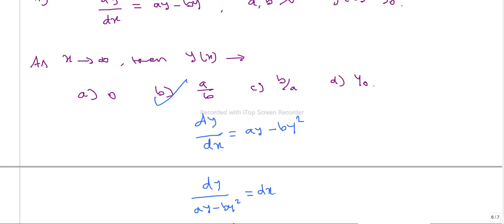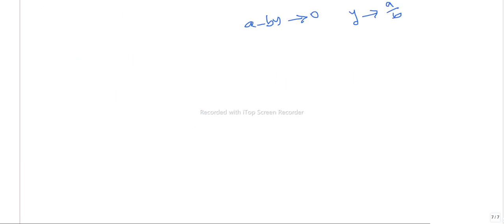Okay, maybe we can solve that problem. Suppose we have a system of equations. So suppose we are given two differential equations, we have to find the solution. How to find the solution?